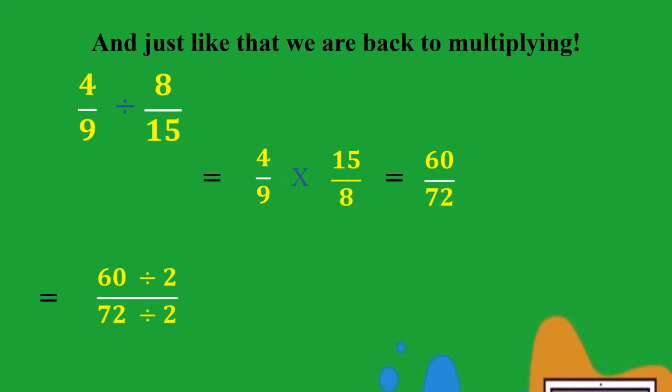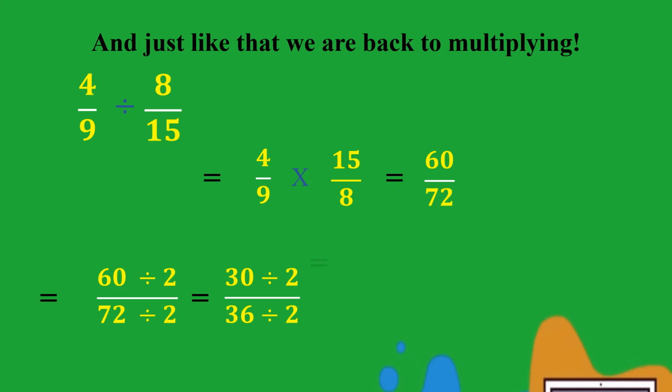Now we have to simplify this fraction, and we know that we have the common number 2 that can divide 60 and 72 both. So when we divide 60 by 2 we get 30, and when we divide 72 by 2 we get 36. Now as you can see, we can divide 30 and 36 by 2 again.